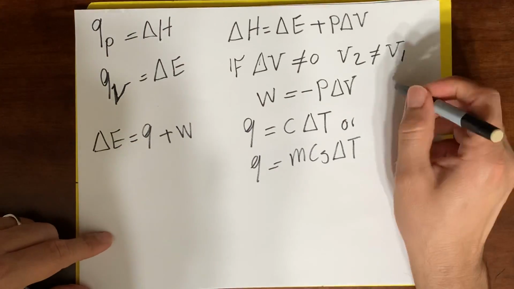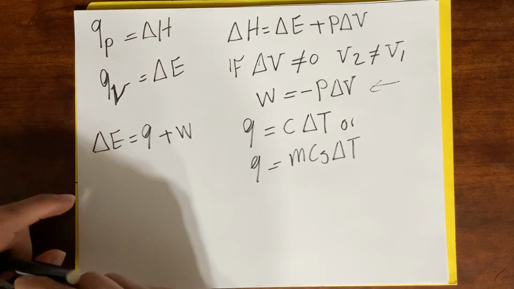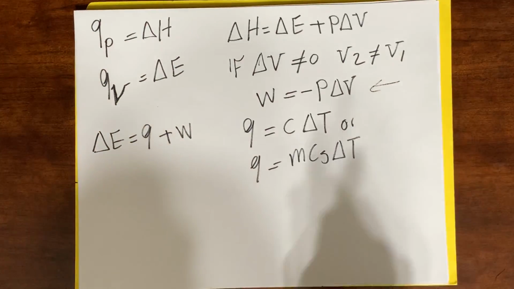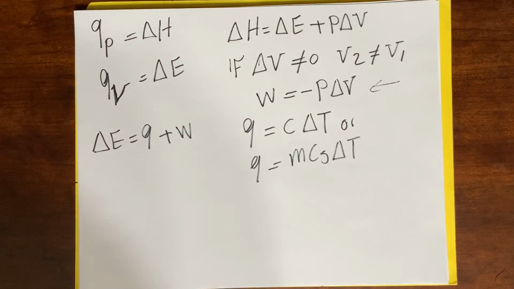How about work? Work is equal to minus P delta V. So we can calculate the work, add it to heat, and get delta E.